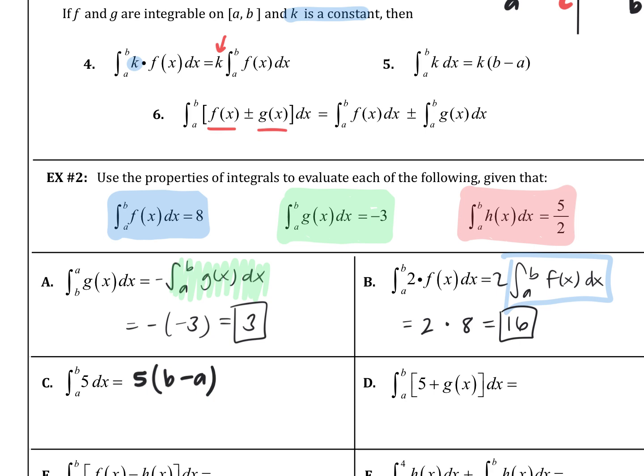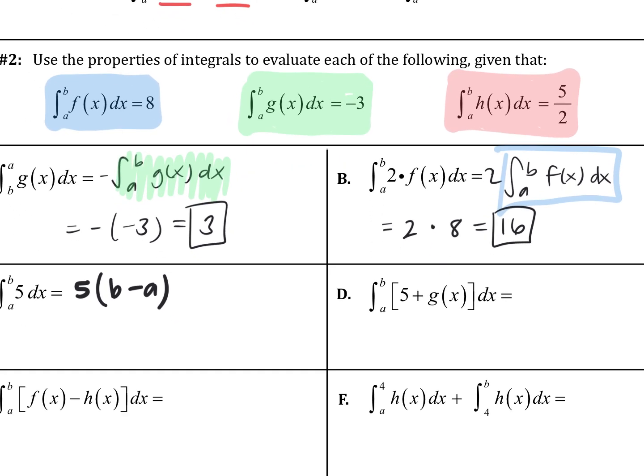Okay. Letter D, I can split up. This is the same thing as the integral of a to b of 5 dx plus the integral of a to b of g of x dx. Well, we know g of x dx from a to b is equal to what? Negative 3 from up above.